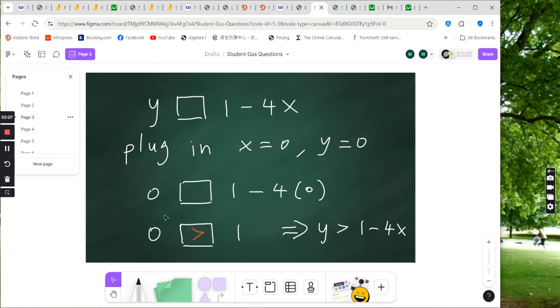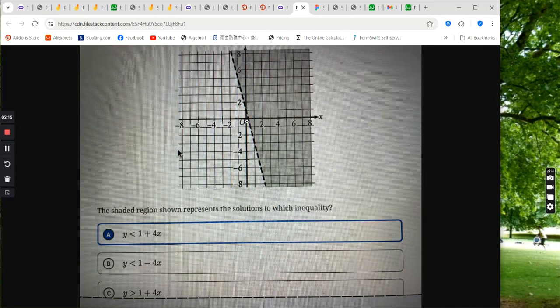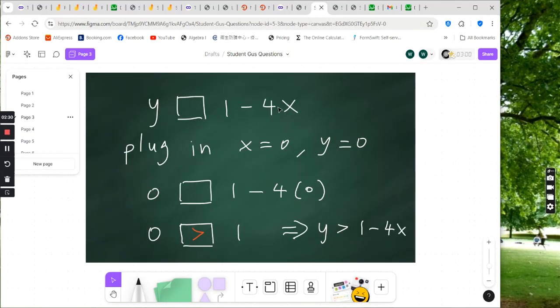Now, of course we know 1 is greater than 0. But looking at the graph, it does not include the origin. So what does that mean? That means when we plug in 0, 0 into that inequality, the inequality is not true.